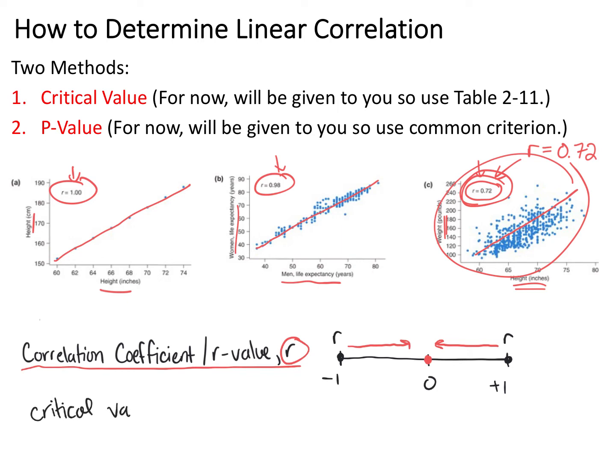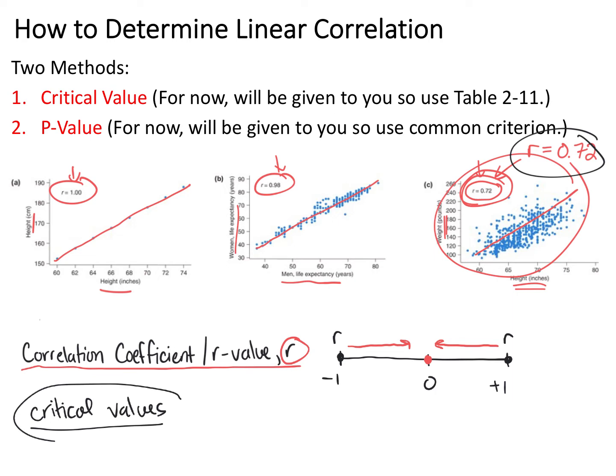So critical values give us a range of values where we say, okay, if our correlation coefficient falls within this range, then the data is still strong enough to say that there is a strong linear correlation. And then if the correlation coefficient does not fall within that range defined by the critical values, then we say that the relationship is weak and therefore there is not a linear correlation between the two variables.